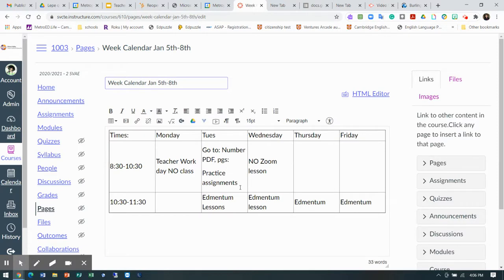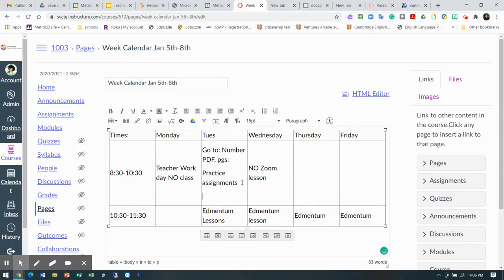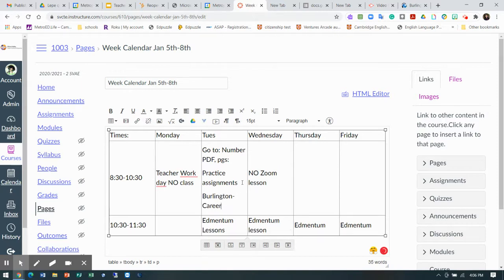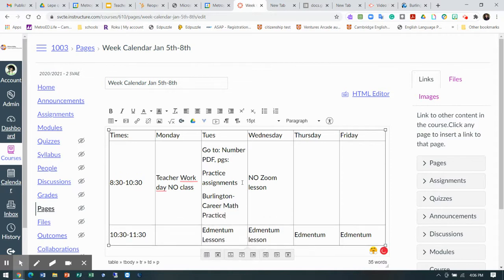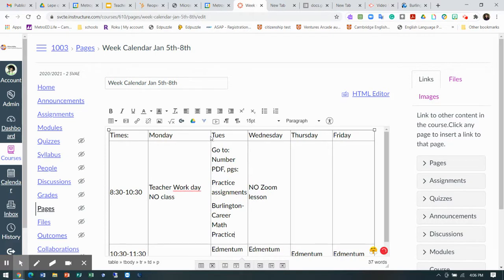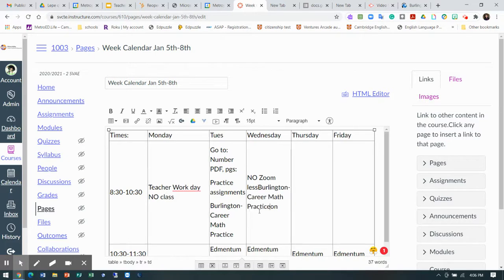The workforce readiness, practice assignments, and here, Burlington, career. Math practice. Math is in every single one, every one of all of our jobs today uses math. So it's really important to let students know that, right? I'm sure you know that already.